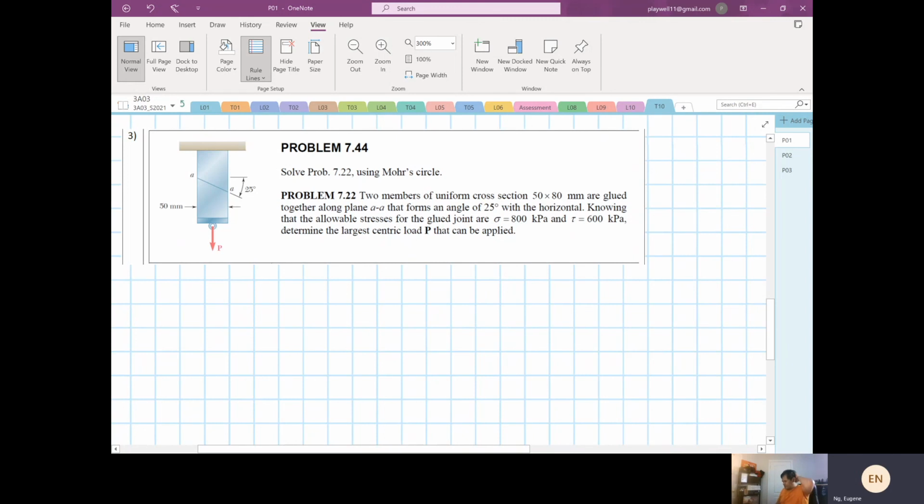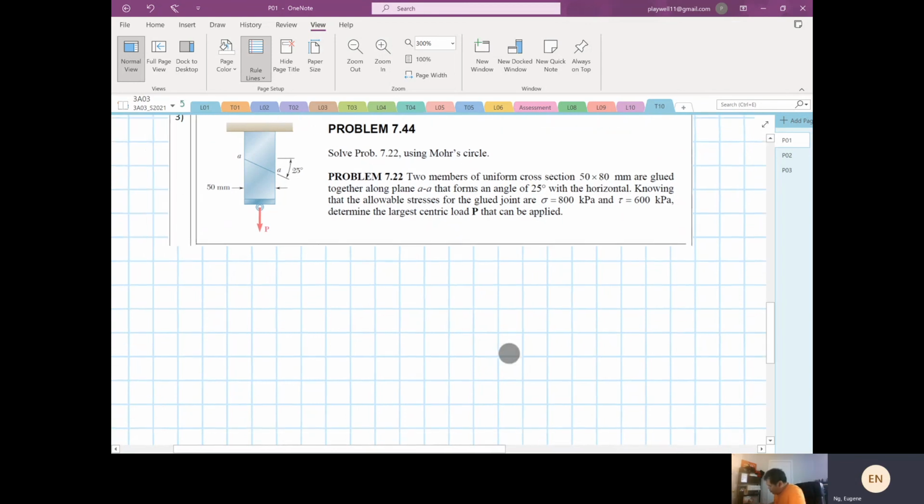Now this question is very, I wouldn't call it abstract, but you have to have prior knowledge regarding compression or normal stress and shear stress, which they don't define here. But I did teach in class.